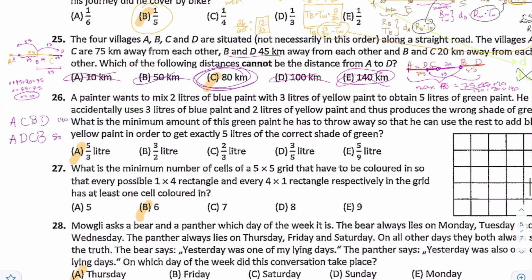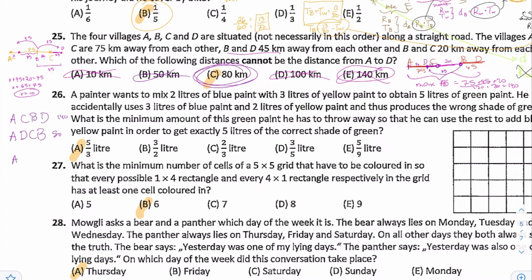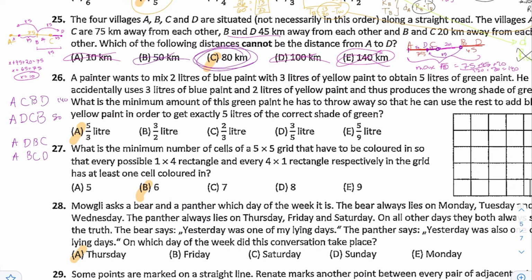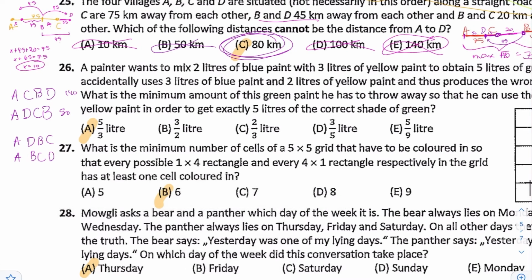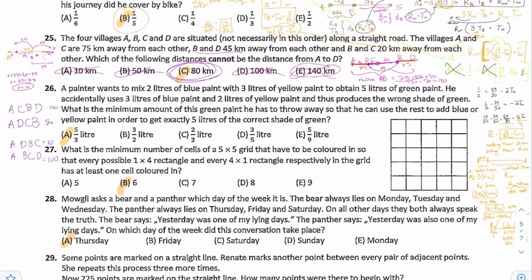And you can also have B to the left of C, so you can have A, D, B, C, or A, B, C, D. And this would be the two other distances. The minimum here would be A to D, and this would be 10, and this would be the 100. You just play around with the order here.